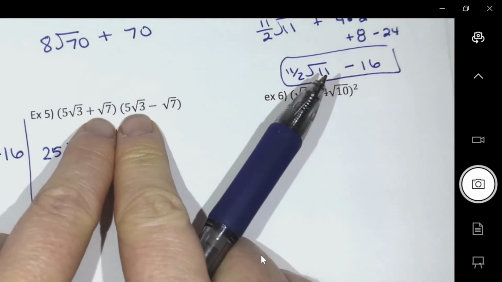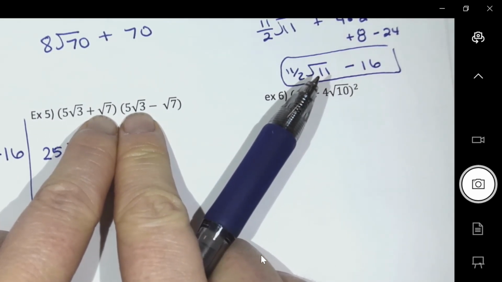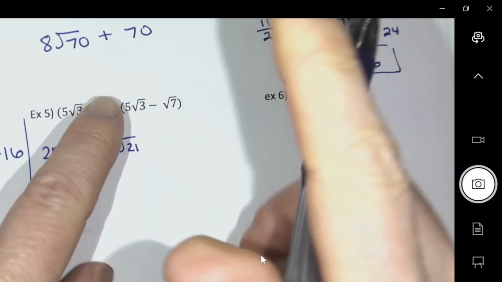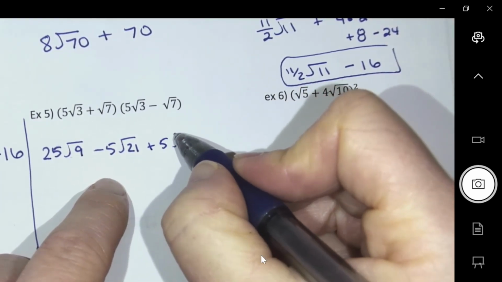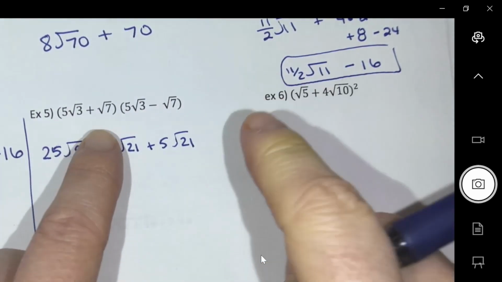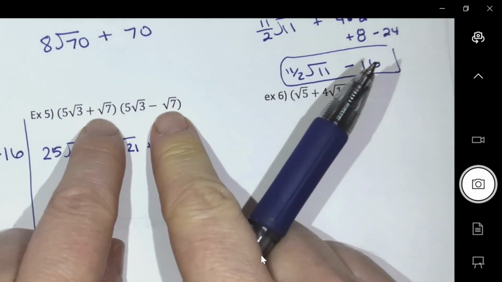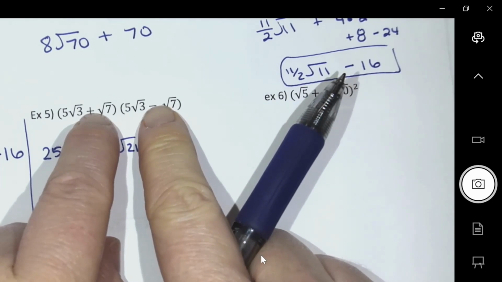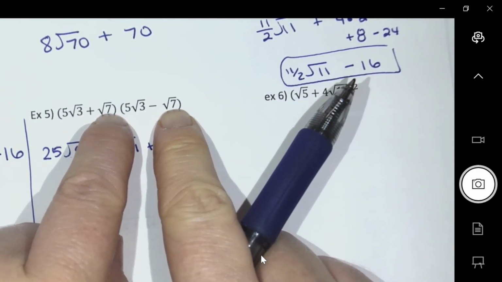On the inside, you should get positive 5 root 21. Last, you get minus root 49.